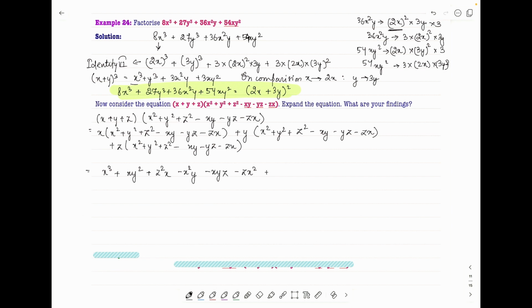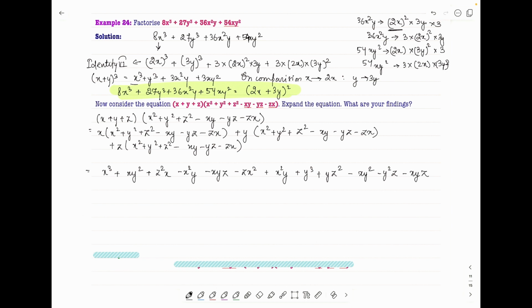Similarly with y: x square into y is x square y. y into y square is y cube. Then y into z square is yz square. Minus y into xy is minus xy square. y into minus yz is minus y square z. Then y into minus zx is minus xyz.